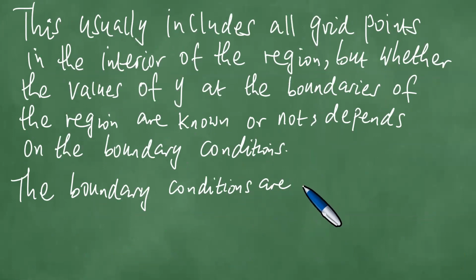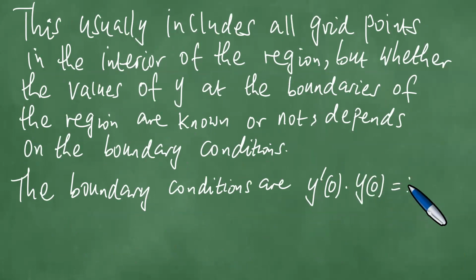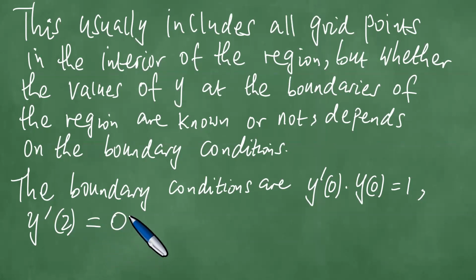Right, the boundary conditions are y primed at 0 by y at 0 equals 1, y primed at 2 equals 0.